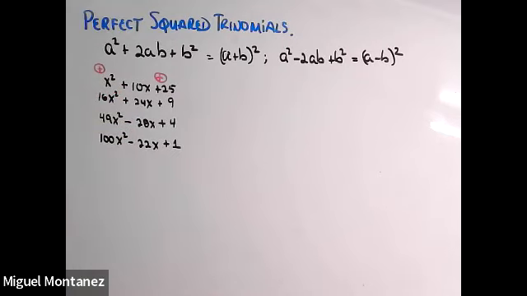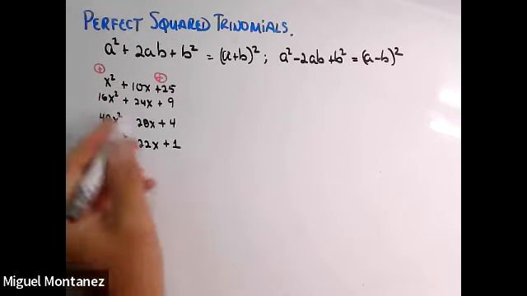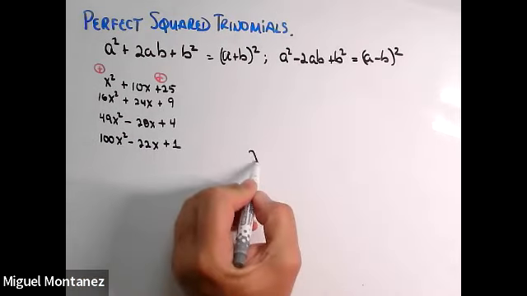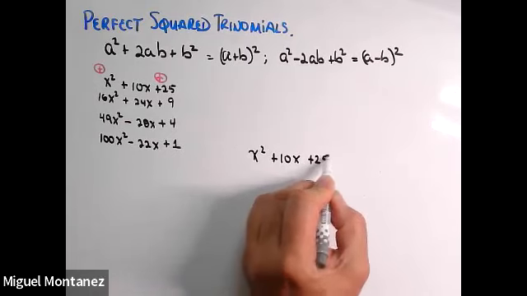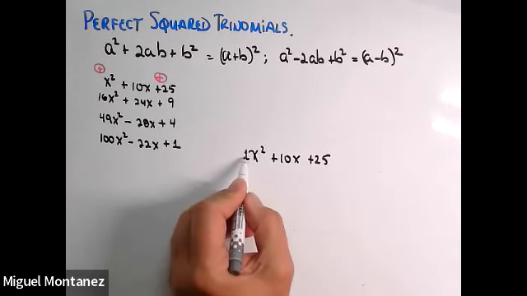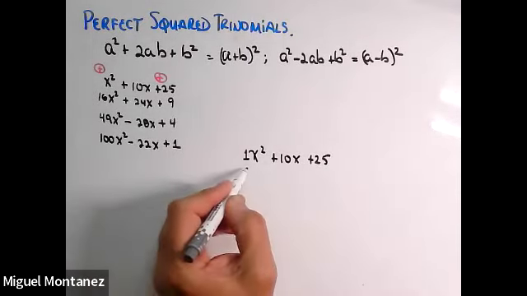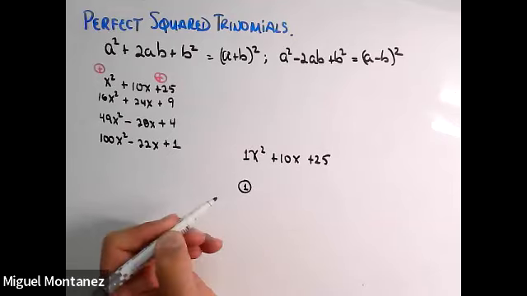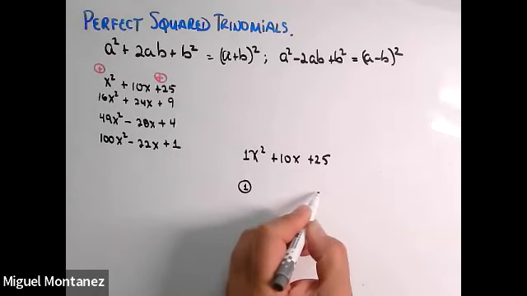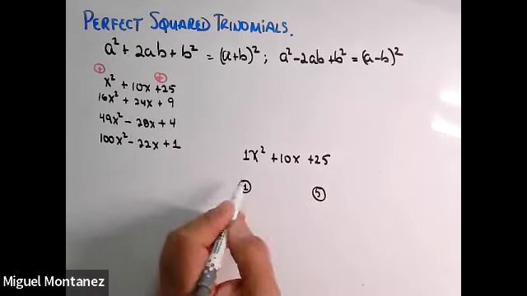And what is so unique about these ones? Well, let's study the first one: x squared plus 10x plus 25. There is an invisible coefficient 1 here. What is the square root of 1? It's 1. What's the square root of 25? That will be 5.